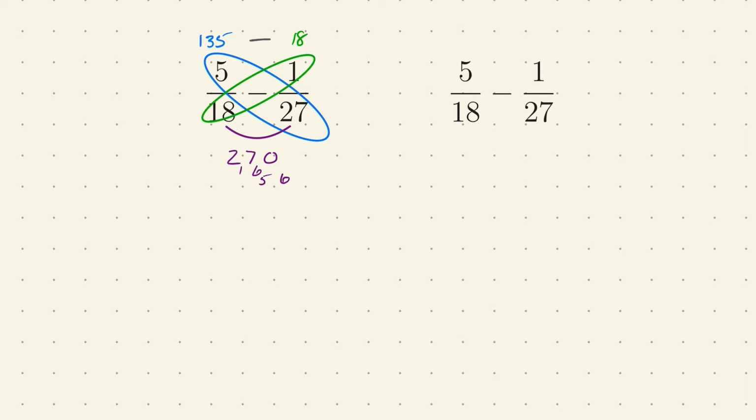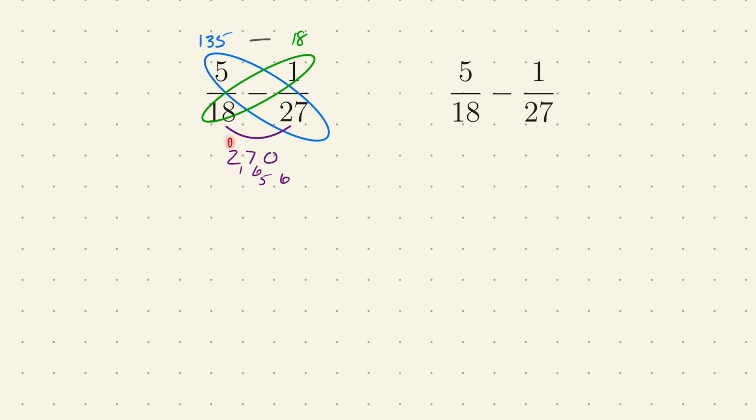Now what I do from here is I add going this direction. I'll add this column and this column. So 2 plus 1 gives me 3. I could write that down, but I'm going to wait because I know that I'm going to have a carryover from my tens place. So 7 plus 6 is 13, plus 5 gives me 18.